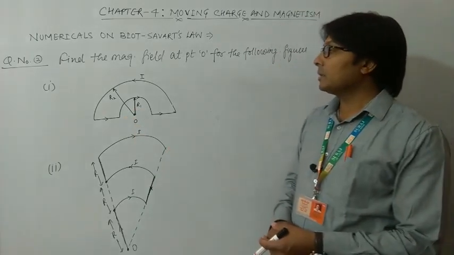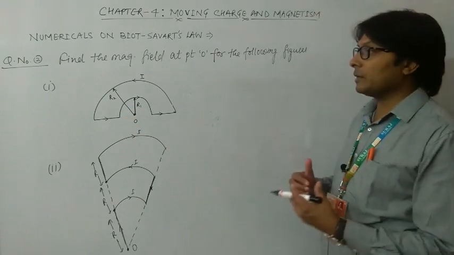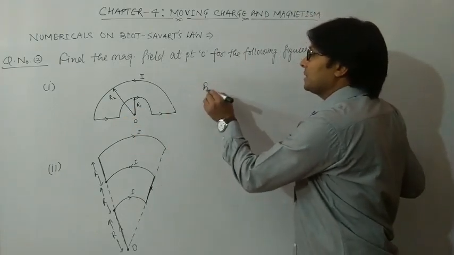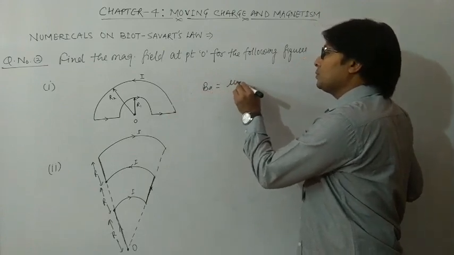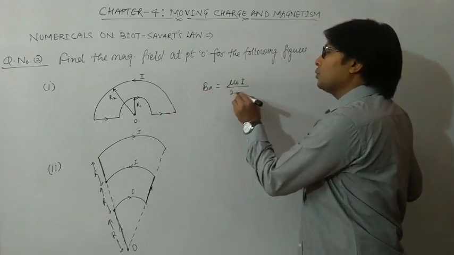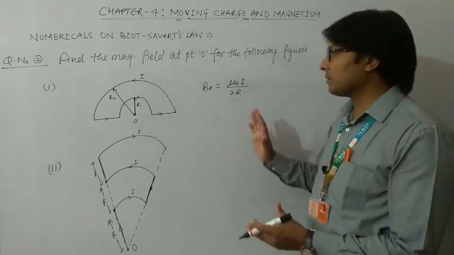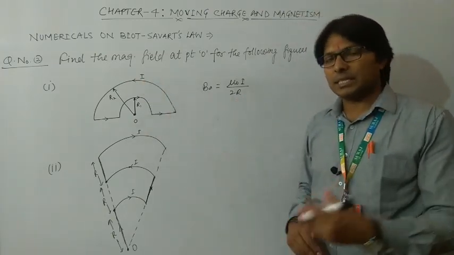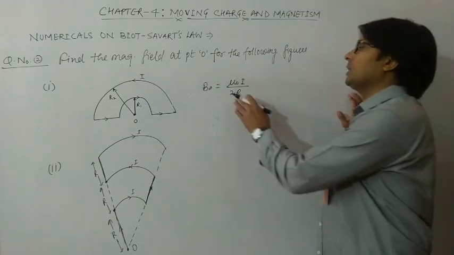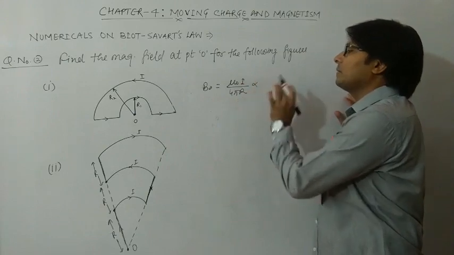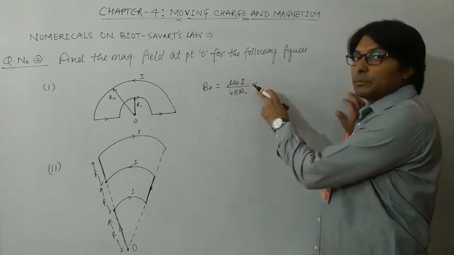Now what was the formula of magnetic field due to a circular loop? At its center B0 is equal to mu 0 I upon 2r. But since it is a semicircular loop, the magnetic field will become exactly half, or you can solve it with the help of this formula also, mu 0 I upon 4 pi r into alpha, and the value of alpha is pi for semicircular loop.